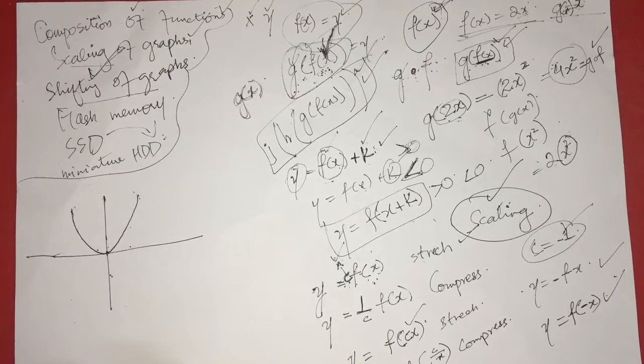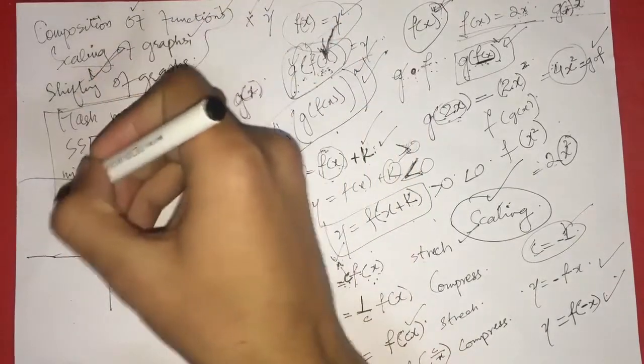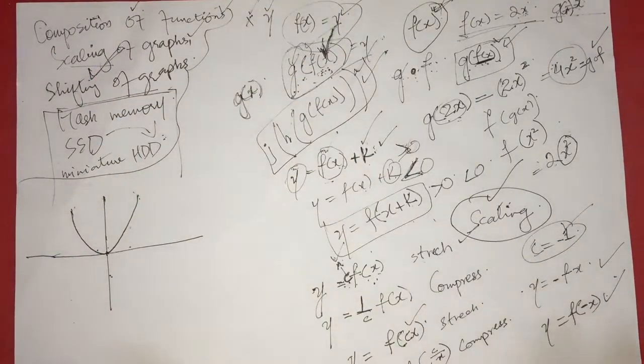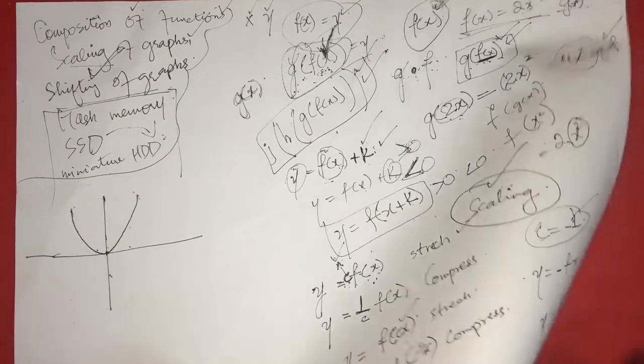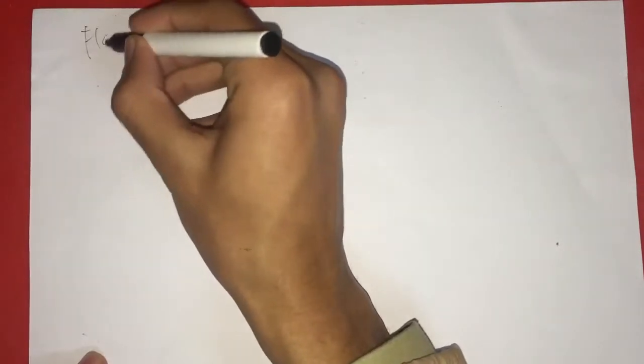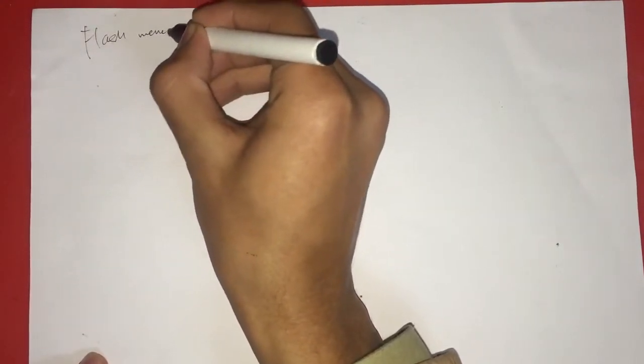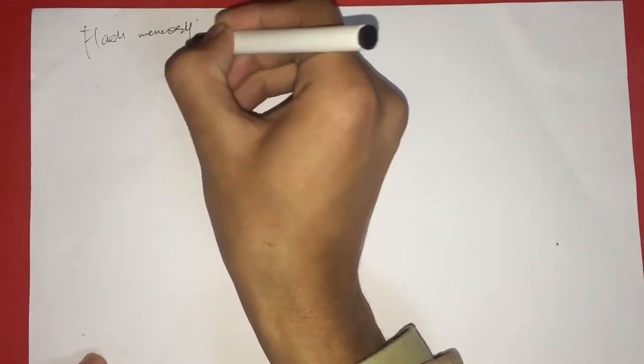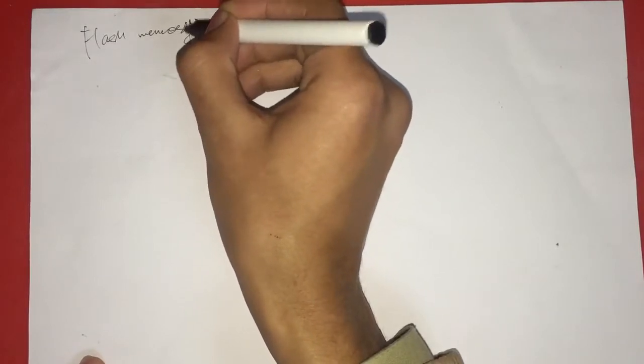Now let's discuss some fundamentals of computers. We have flash memory, SSD, and miniature hard disk. So first, let's discuss what a flash memory is. Flash memory is non-volatile, meaning it won't get erased by itself.